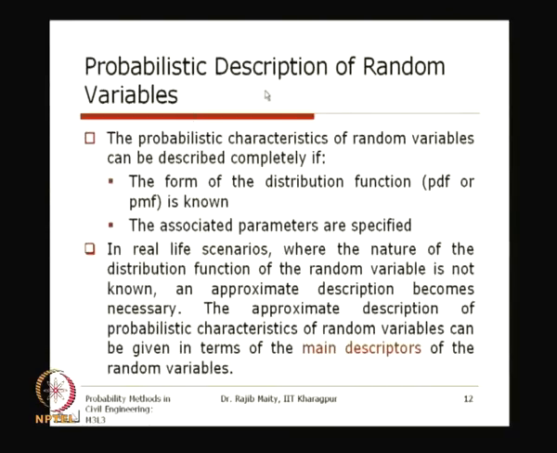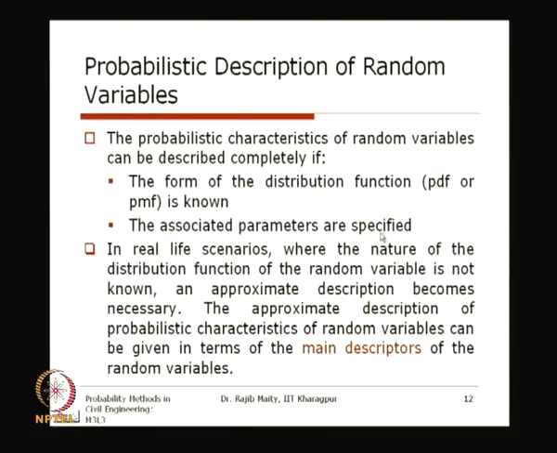So, probabilistic description of a random variable. If we take some random observation of a random variable, some random sample data, then we can see that the probabilistic characteristics of a random variable can be described completely if the form of the distribution function, PDF or PMF, is known, obviously what we discussed so far, and the associated parameters are specified.